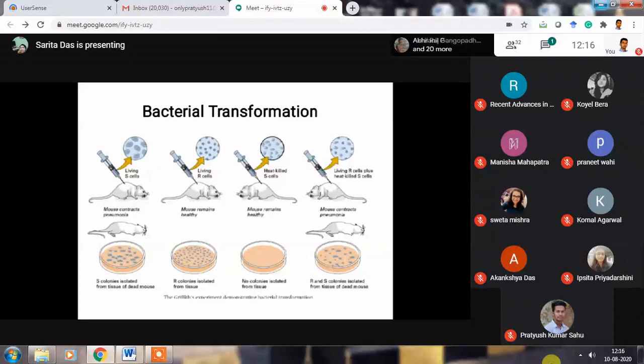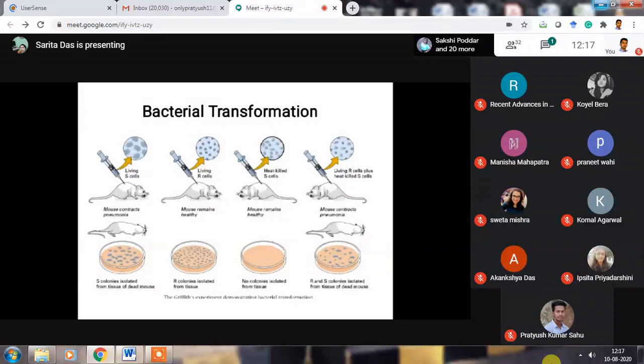So that means something happened, since the dead bacteria are not capable of causing any disease, and the R form in its native, naive stage is also not capable of causing the disease. So what change happened that made the mouse die? That means something from the virulent strain is being transferred to the avirulent strain, because the avirulent R form is alive and capable of multiplying in the host, in the mice. He was not able to identify what the material is.